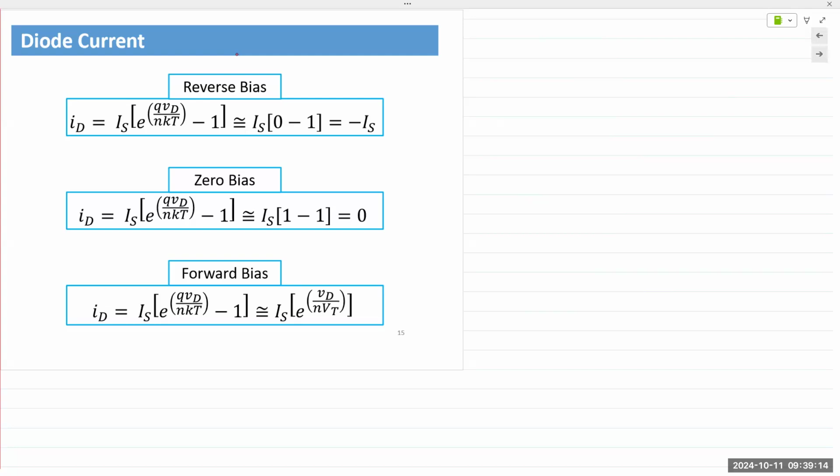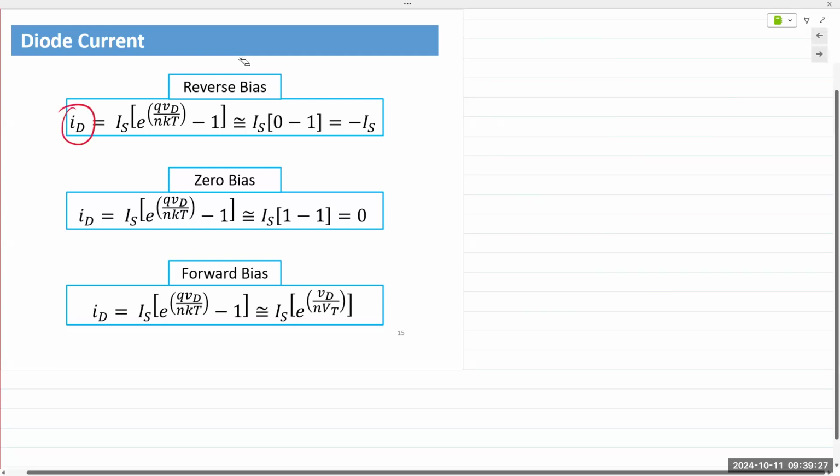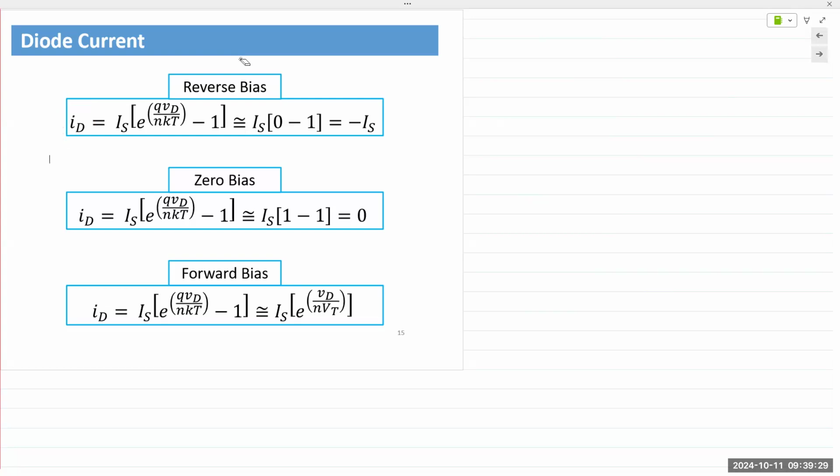So we have 3 conditions, right? Reverse bias, zero bias, and forward bias. What happens to the current ID under each of those conditions? We can reduce the equation for ID into single terms. Let's look at zero bias first. We don't apply any voltage. VD is 0.